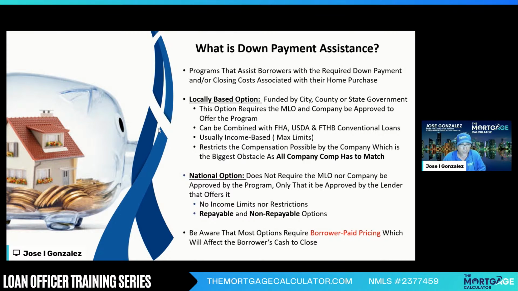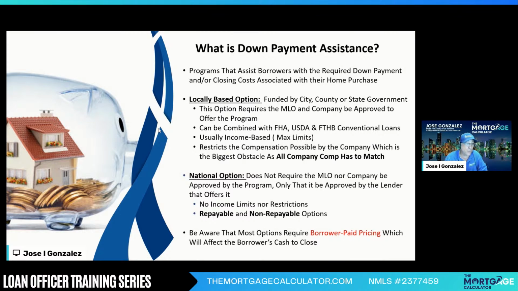Now, be aware that most of these down payment assistance options require borrower paid pricing, which will affect the borrower's cash to close. So obviously, when you're looking at the rate and it's borrower paid pricing, you've got to look for the rate that has par plus pricing above 100.